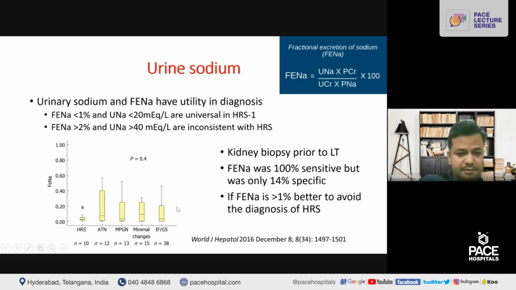Here we can see HRS, almost all patients had fractional excretion of sodium below 1, but even ATN, MPGN, and kidney fibrosis all had fractional excretion of sodium less than 1. So fractional excretion of less than 1 doesn't always tell that it is the HRS diagnosis. Instead, if it is more than 1, we can rule out the diagnosis of HRS. The sensitivity of fractional excretion of less than 1% is 100% sensitive, but it is only 14% specific.